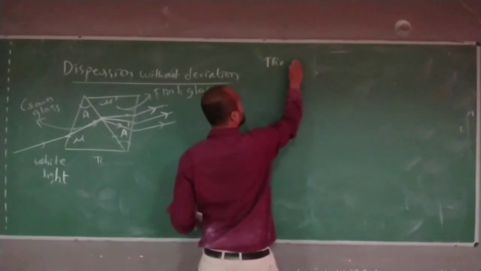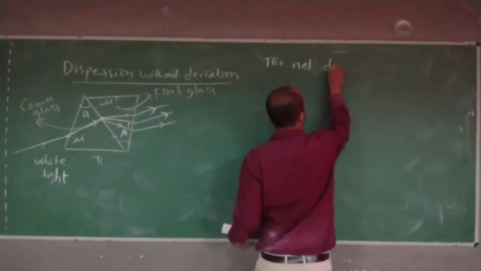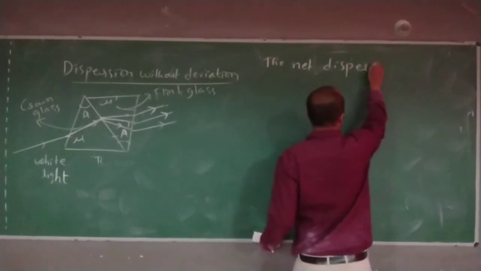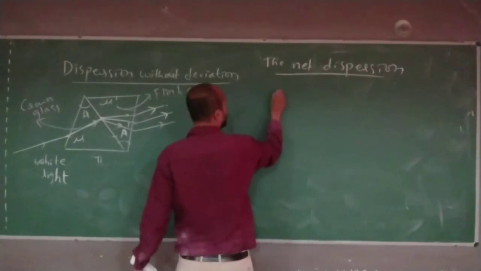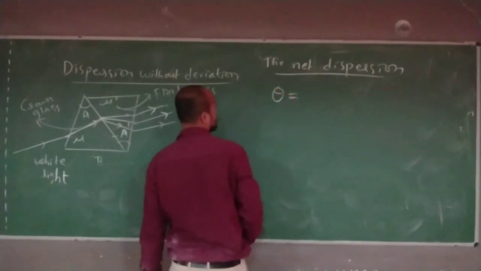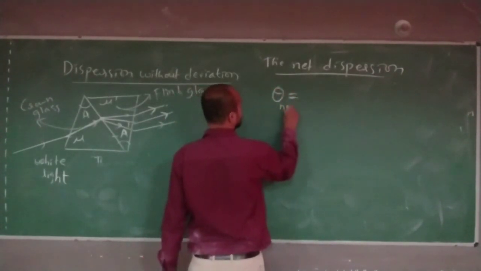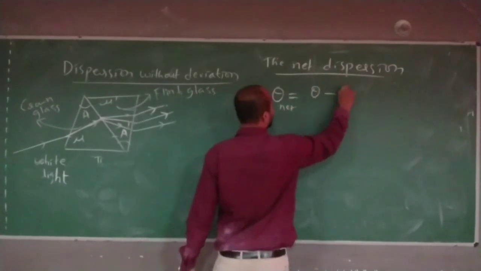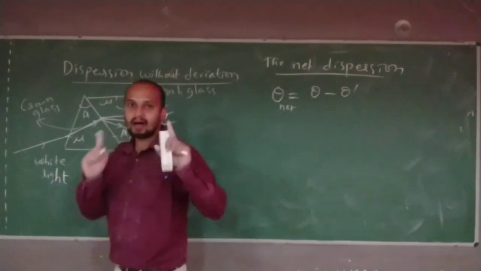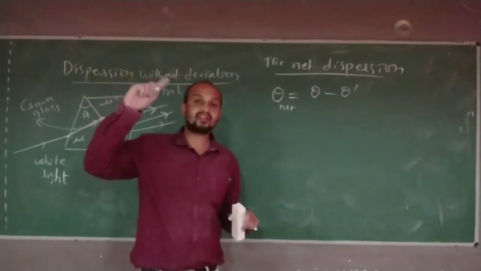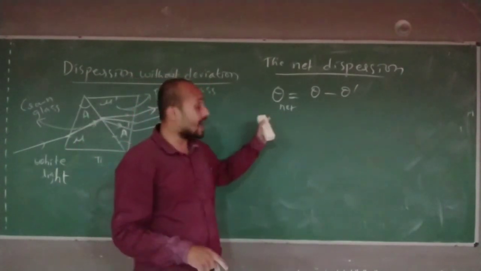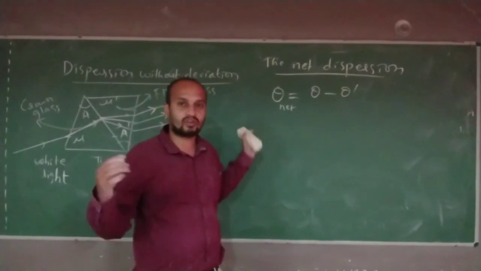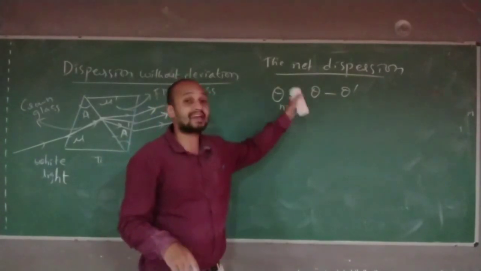The net dispersion for this combination will be how much? Theta net, theta minus theta dash. Why theta minus theta dash? In the previous case, I calculated deviation as 0. Here, in the achromatic case, I calculated deviation, and dispersion was not there. Here, I am making net dispersion.